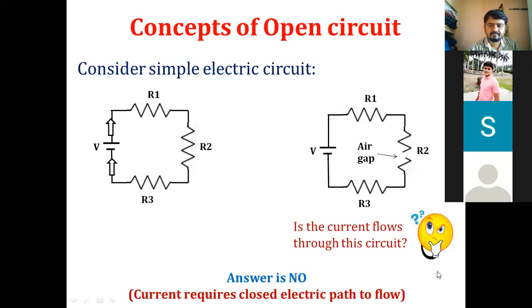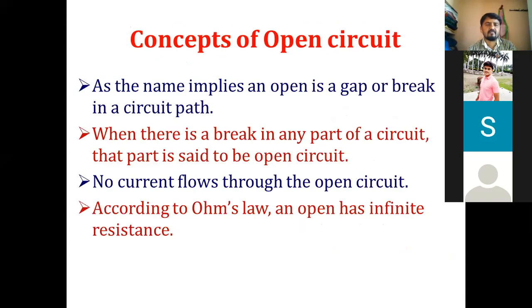Okay. See, the concept of open circuit, whatever I have explained here now: as the name implies, an open is a gap or break in a circuit path. Open means it is nothing but a gap in between two terminals or a break in a circuit path. When there is a break in any part of a circuit, that part is said to be an open circuit.